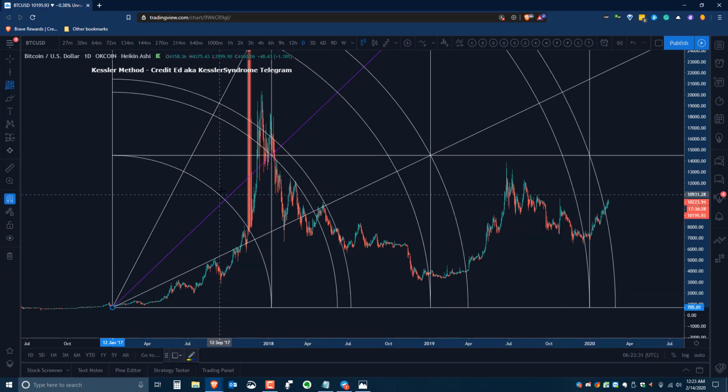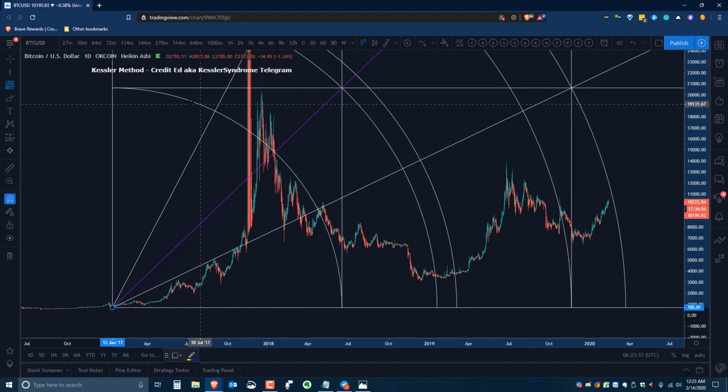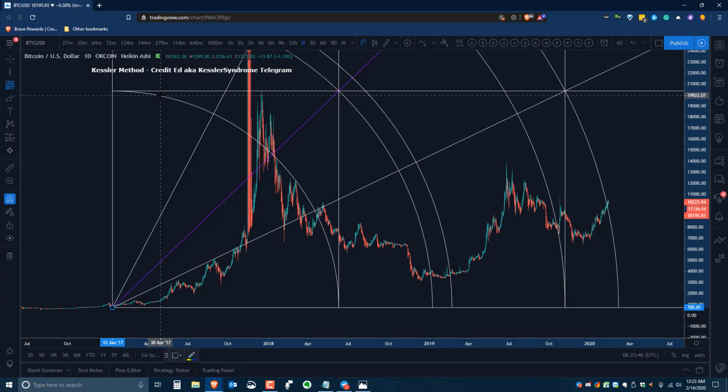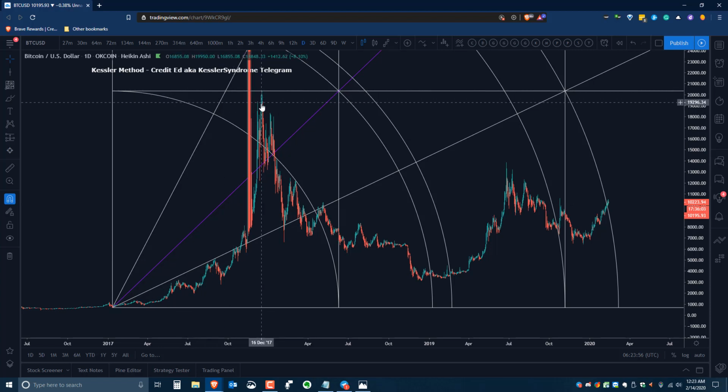So what we're looking for is to set this line right at the top of that bar, and we want to be as accurate as possible because our price action is going to depend upon our Gann lines and how we're setting things. So we've set from our low, pulled to our high up here, and this line right here we're trying to match up with this bar, which is the highest.